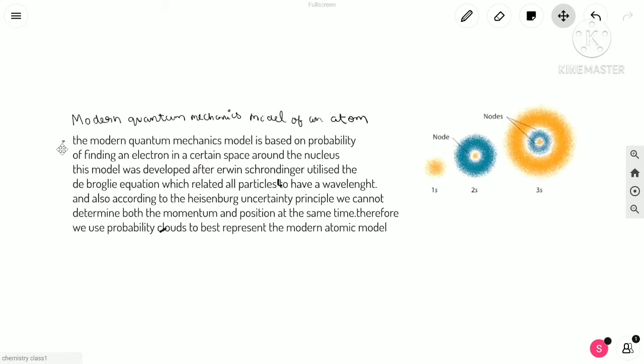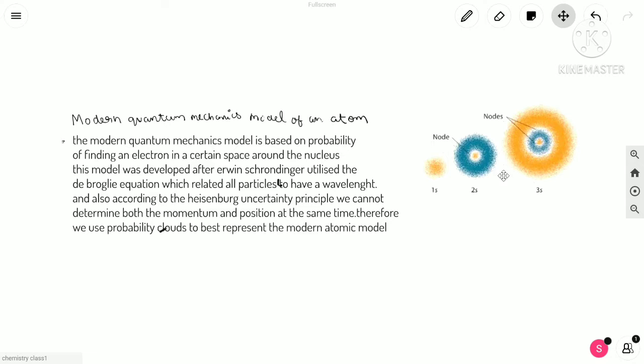Which basically means that if you want to know the electron's position, you cannot know its momentum or where it will go next. And if you want to know where it will go next, you won't know its position. So due to this, the standard model which we had before, we could not use anymore.